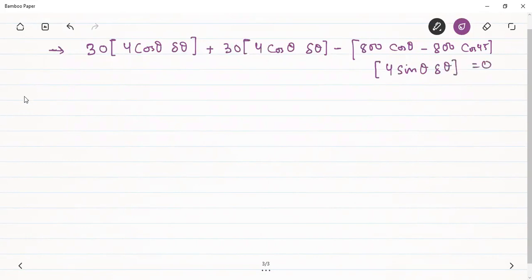Their summation has to be 0. We can write this as 120, 30 into 4 is 120, and it will get twice. Minus 3200 cos theta sin theta.